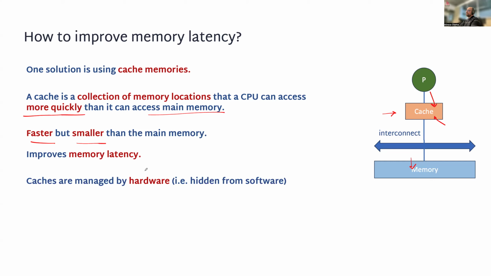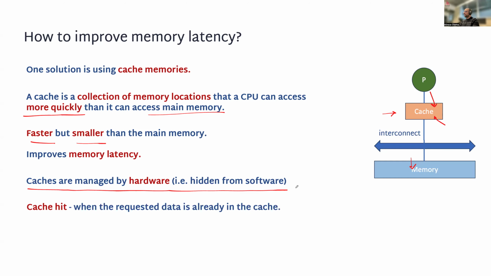It's also important to note that these caches are managed by the hardware, so they are hidden from the software and also from the developers, but it's important to be aware of them because it's important to write cache-aware programs to improve the performance. We will get to that in a little bit.